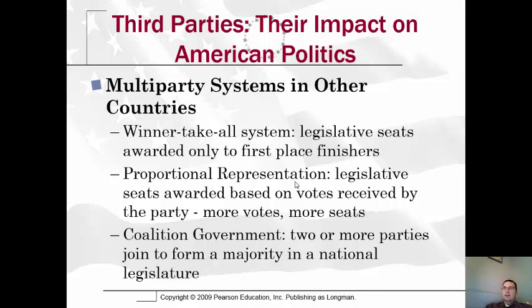And so the trick in Great Britain is to form a coalition government where two or more parties say, "Hey, we're in charge," and then the prime minister is in charge of making sure all those different parties underneath the umbrella of the coalition is who he listens to primarily for his policies.